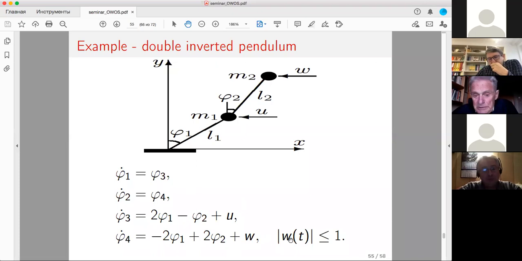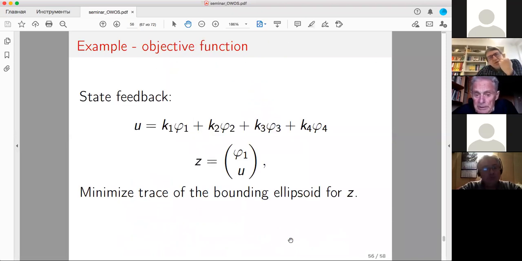The perturbation is bounded. And we can use, for instance, for simplicity, state feedback. And we have some output we want to minimize. What do we want to minimize? In our case, it's the first component and the control. So they simultaneously should be small enough.